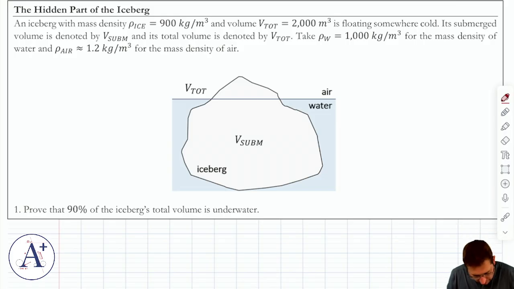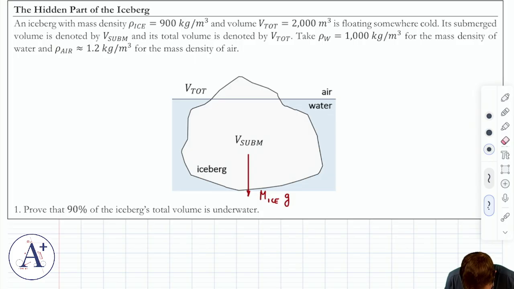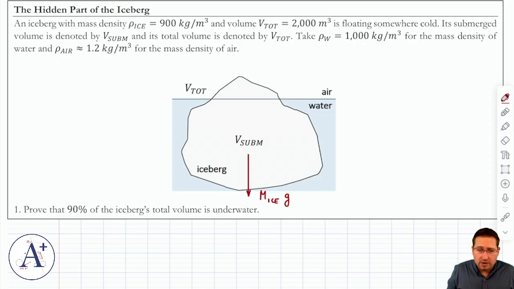Well, there's got to be the weight of this thing, right? There's got to be mass of ice times g, and I'll come back to that in a second. But if I were to draw a weight force, I would draw it like this, and I would call it m ice times g. Now there's got to be an upward force, otherwise this thing sinks to the bottom of the ocean.